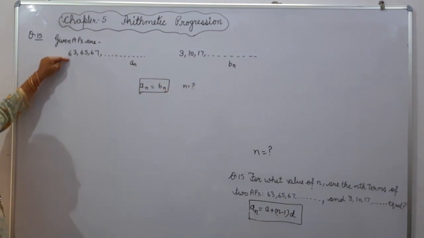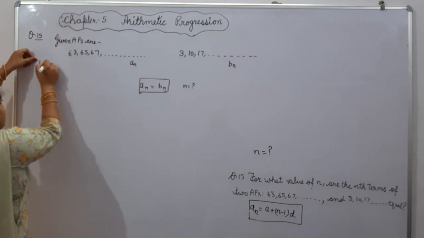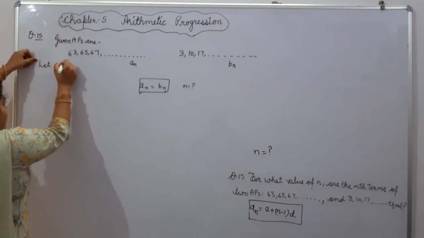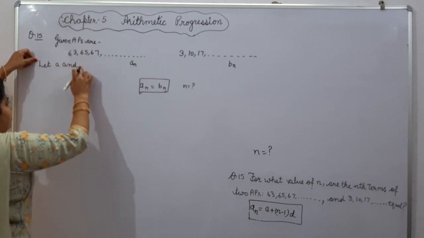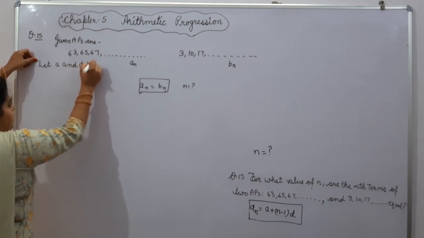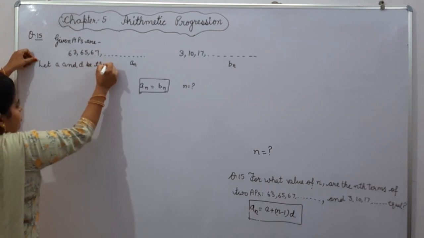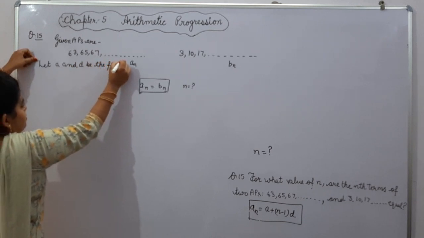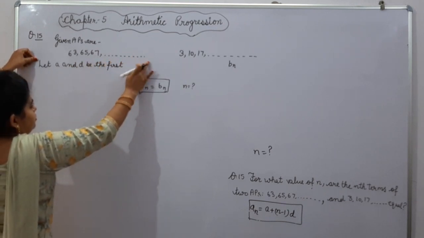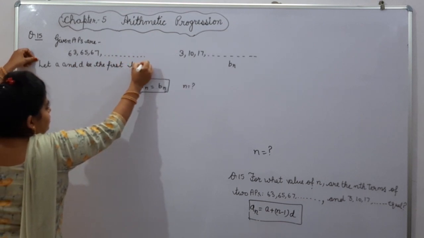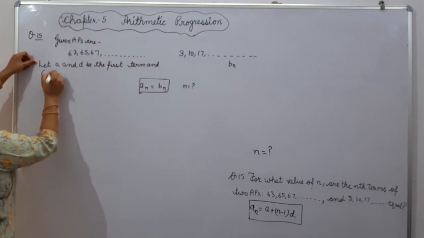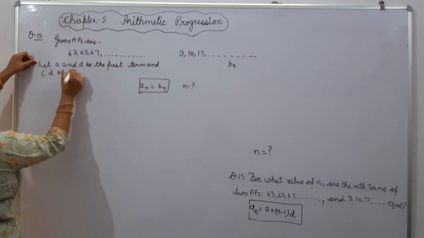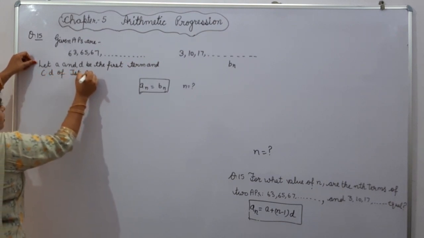So let a and d be the first term and common difference of the first AP.